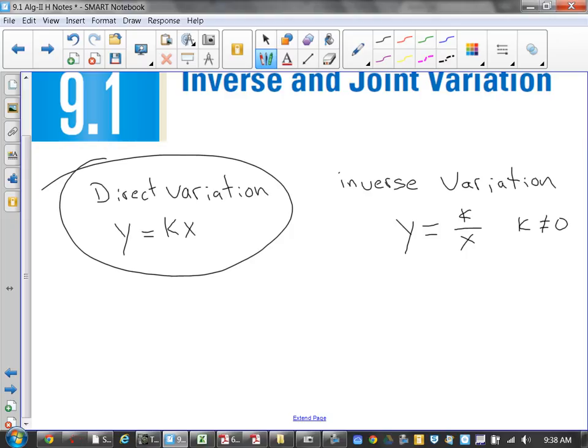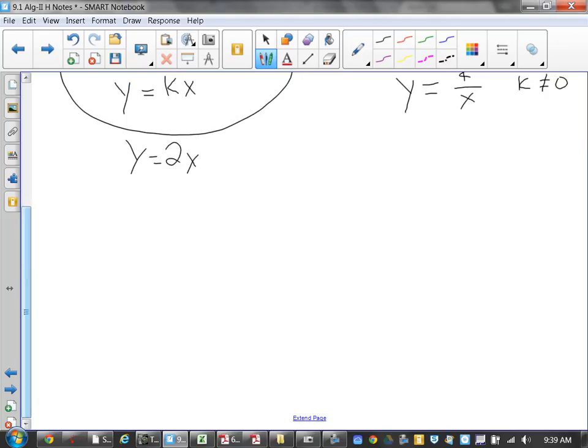That's direct variation. What happened here with direct variation is that the correspondence between x's and y's, when you pick an x, you multiply it by something to generate the y value. So if it was y equals 2x, your table of values would have been x's 1, 2, and 3, generating y's 2, 4, and 6.